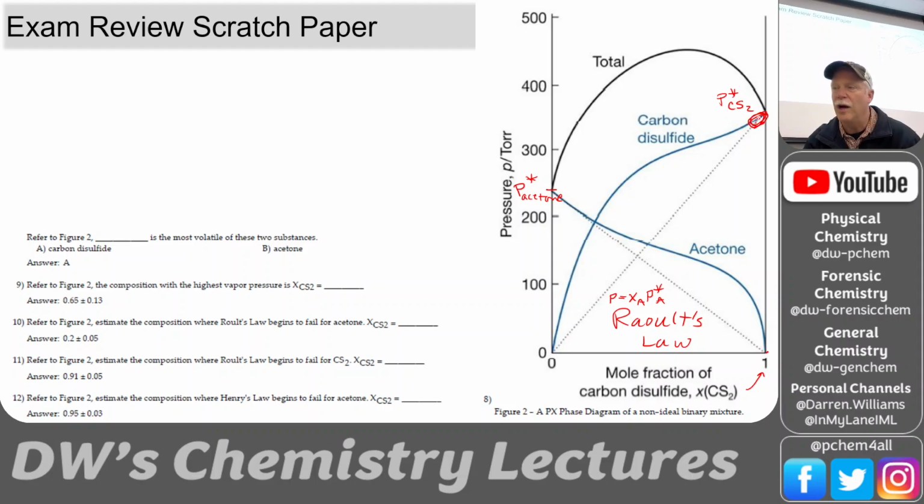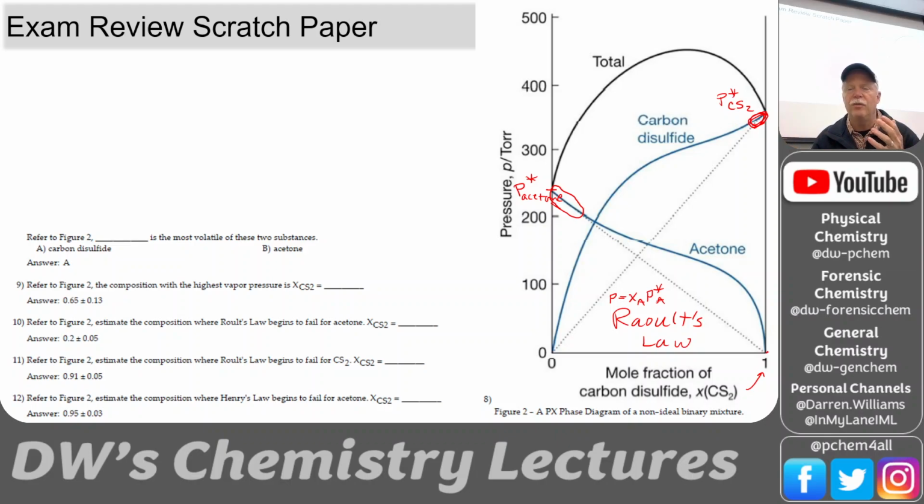And that's telling you that Raoult's law applies. And then for the acetone over here, it applies even longer. So this might even apply down to 90% acetone. Those are the places where Raoult's law applies for the real data, giving accurate vapor pressures for the dirty solvents.